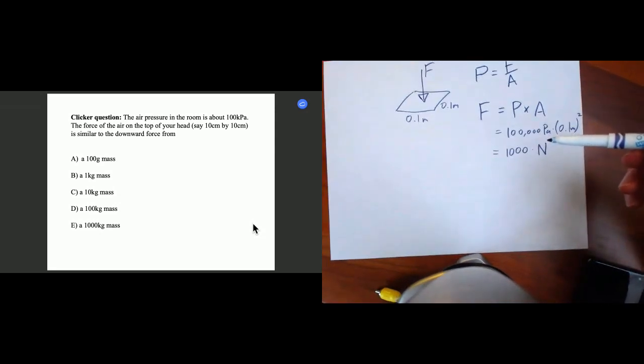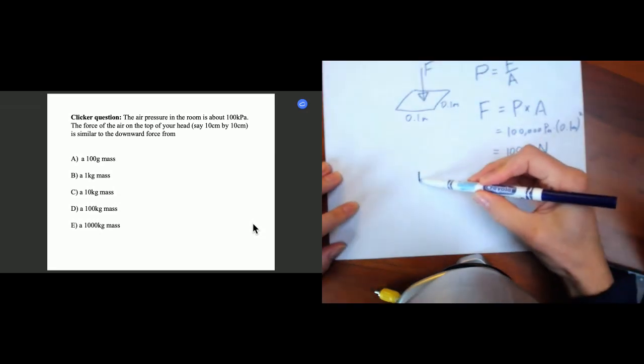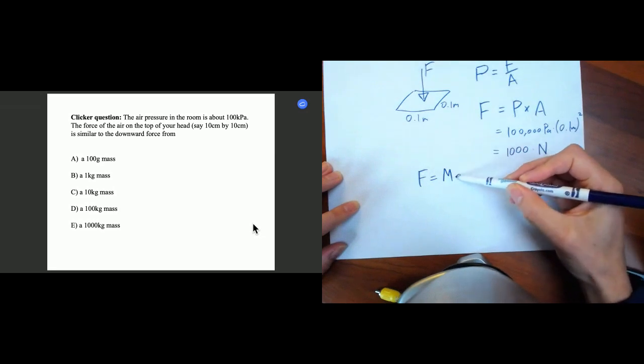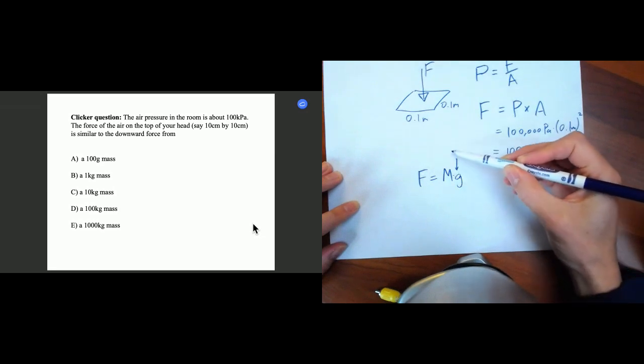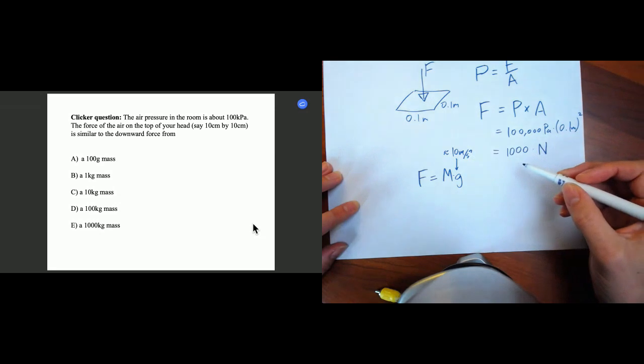How much is that in terms of if we wanted to compare it with a weight that might be sitting on your head? We should remember that the force from a mass due to gravity is m times g, where g is 9.8, or approximately 10 meters per second squared.